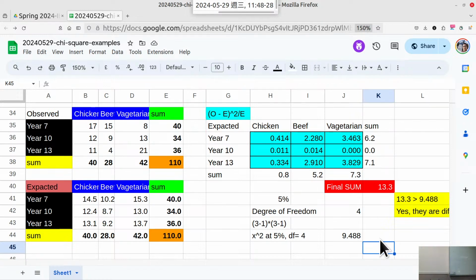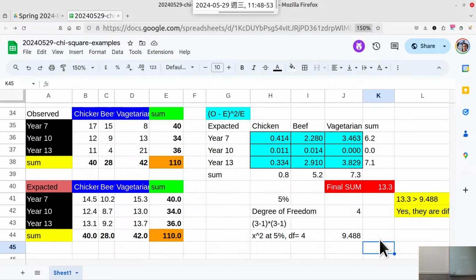This one, okay. Because here, the first table is observation, the second one is expectation, and the third table's calculation is a little bit complicated. Now we switch to the final calculation.